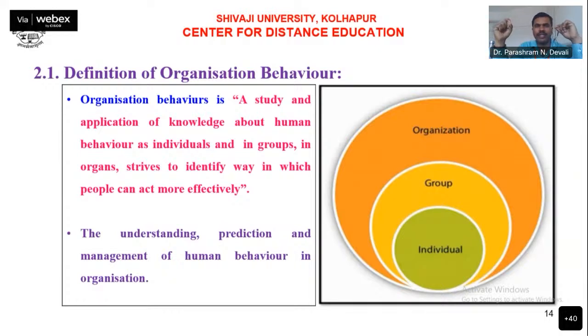For the conceptual understanding, n number of authors, scholars, and eminent personalities have contributed to the concept of organization behavior. Herewith, I have considered one definition for understanding the concept of organization behavior. That is, a study and application of knowledge about human behavior, individual and in group, in organization, strive to identify ways in which people can act more effectively. Means, same thing is there.